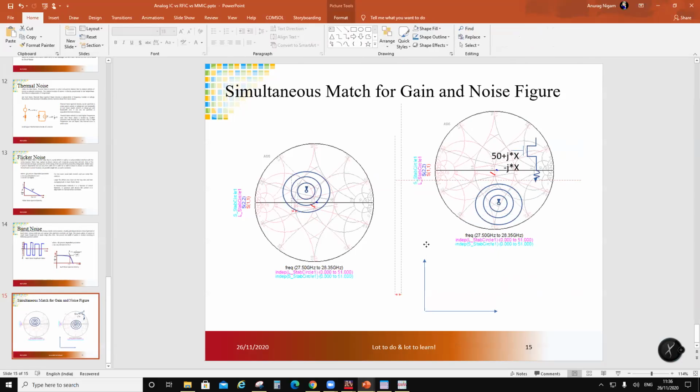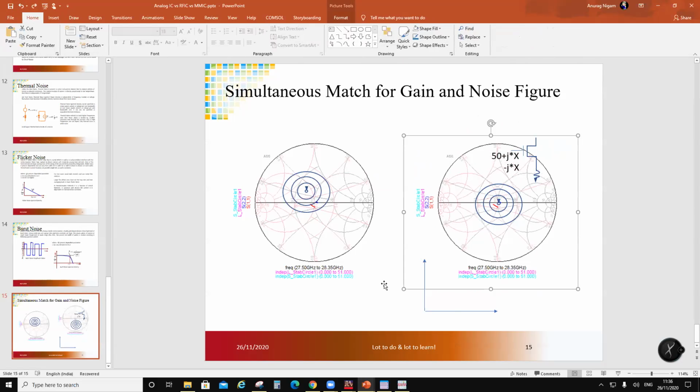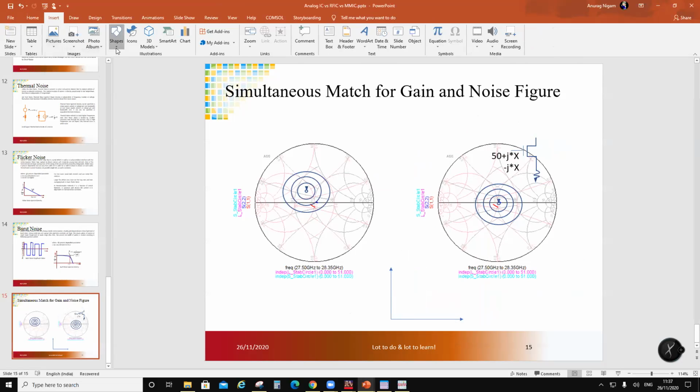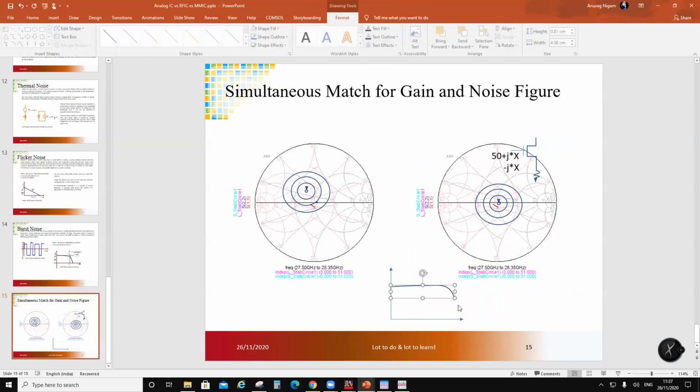So I'm going to do, come on, I shouldn't move that. I should move this guy. So what I have traded off is the gain compression. Earlier I was compressing way ahead, maybe like this.